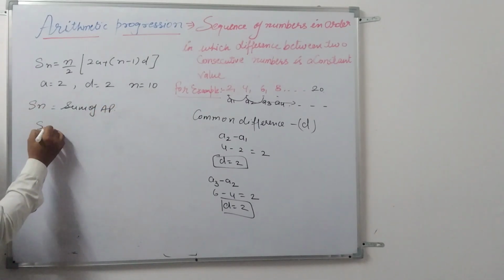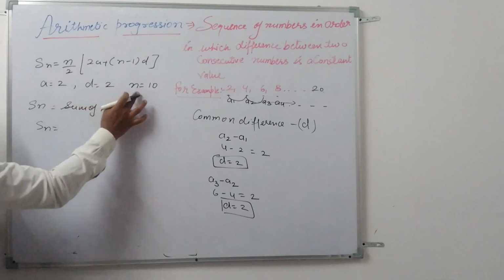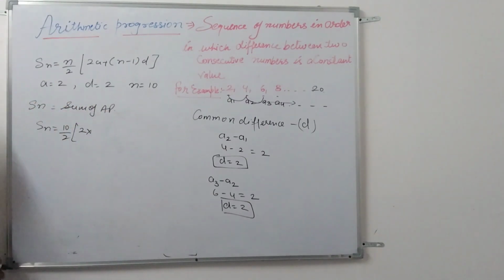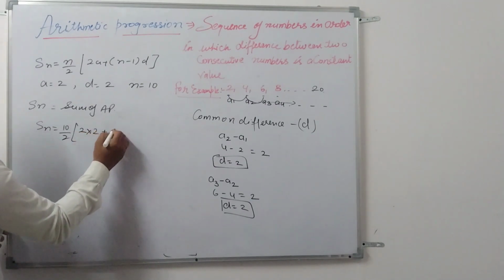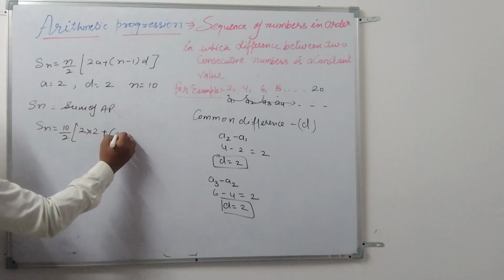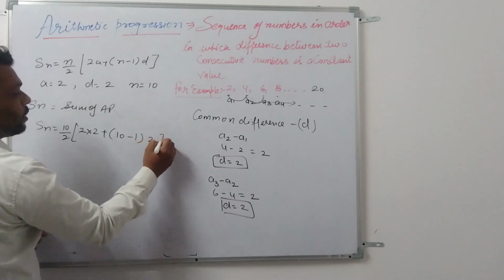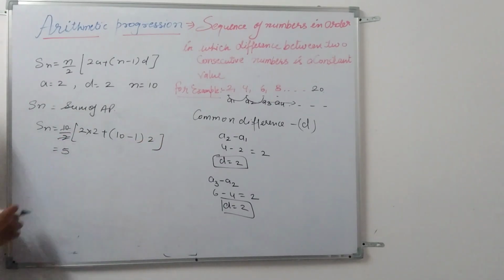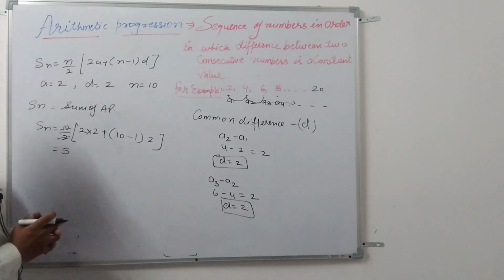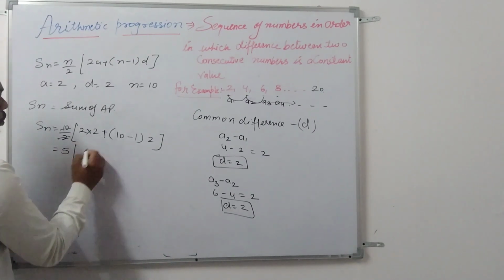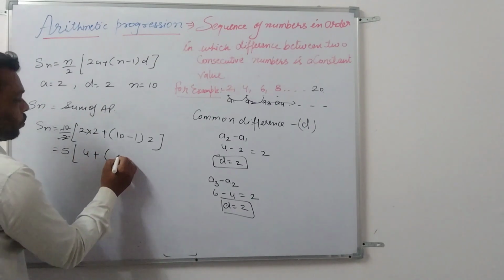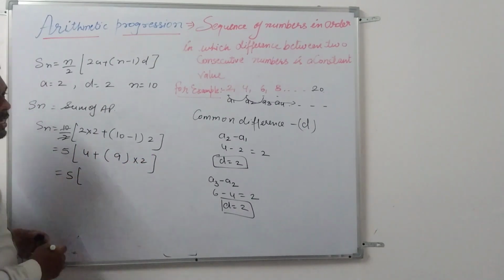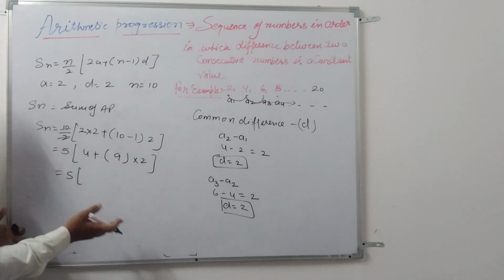So let's start. Sn equals n upon 2, where n is 10, times (2 into the value of A, that is 2, plus (10 minus 1) times D, which is 2). Let's divide: 10 divided by 2 is 5. 2 twos are 4, and 10 minus 1 is 9, into 2 is 18. Again we apply BODMAS: multiplication comes first.